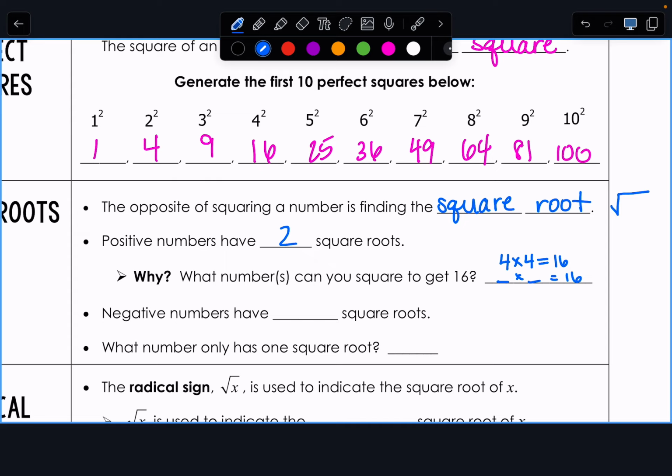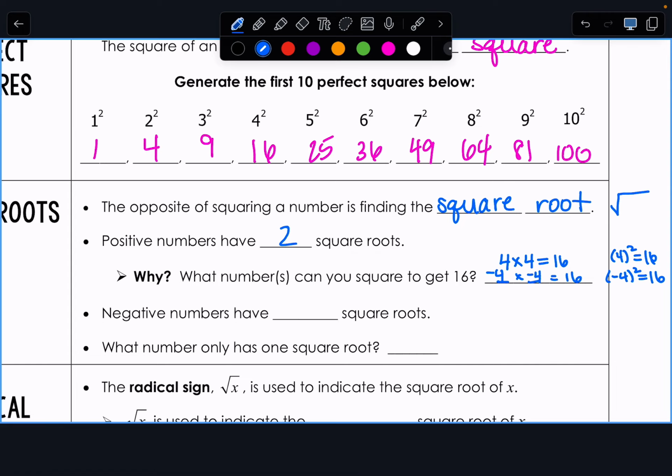Oh, a negative 4 times a negative 4. So 4 squared is 16, and negative 4 squared is 16. Okay, so technically, if I ask you to find a root, then there could be a positive or a negative. Really, I'm just going to give you which one you're finding. You'll know whether it needs to be positive or negative. But when you get into algebra, this will be an important concept.